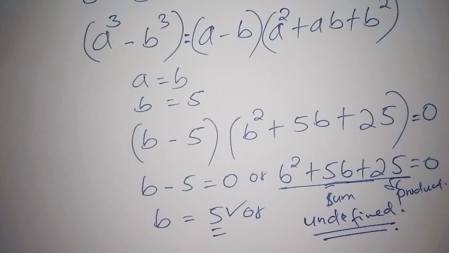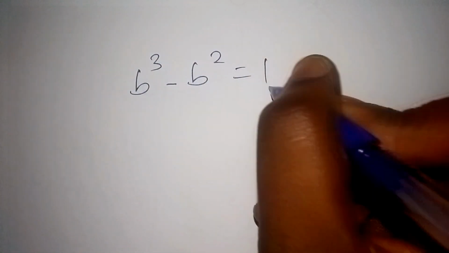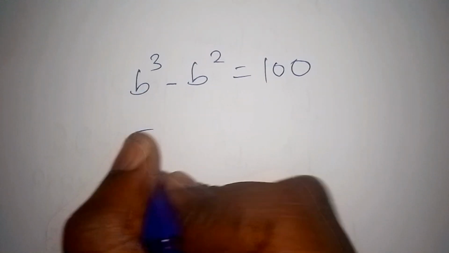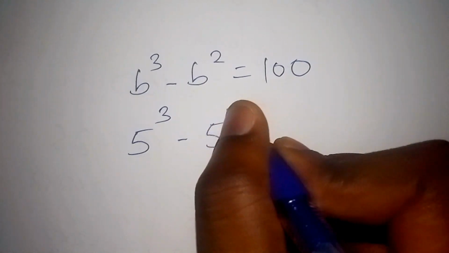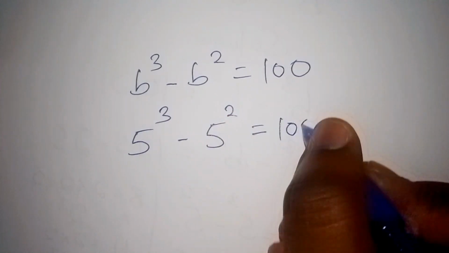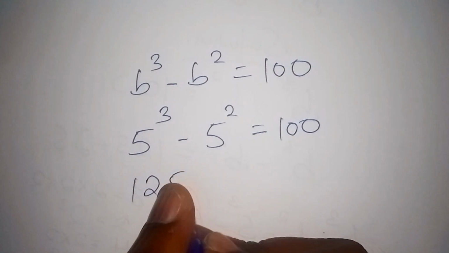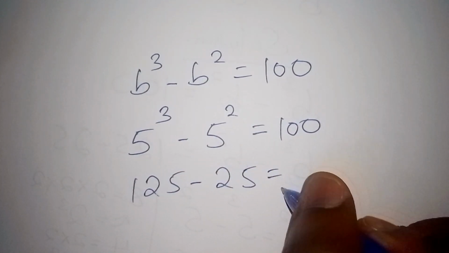You can still confirm the answer and check if it is really correct. We had b cubed minus b squared is equal to 100, and we got the value of b as 5. So now we have 5 to the power of 3 minus 5 to the power of 2 is equal to 100. 5 to the power of 3 is 125, minus 5 to the power of 2, which is 25, is equal to 100.